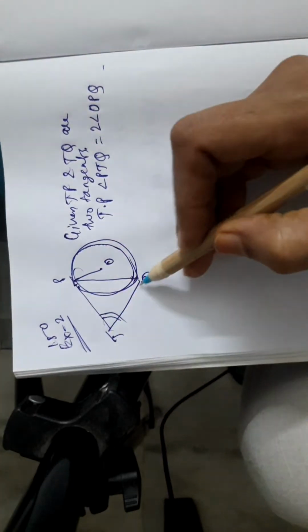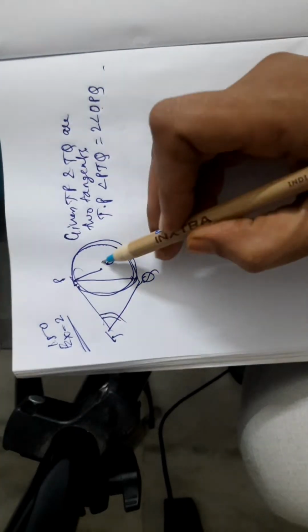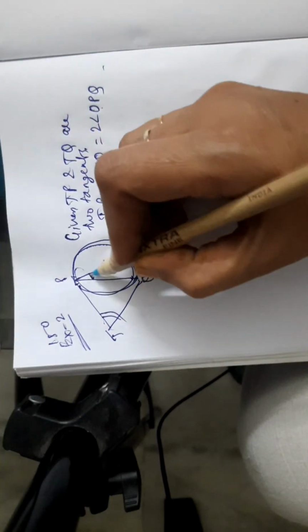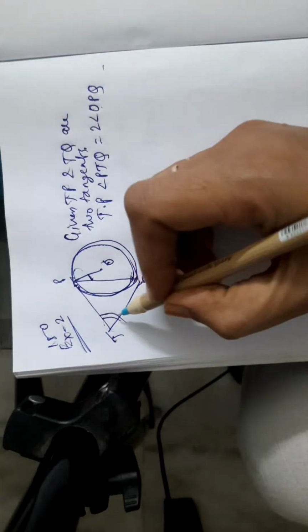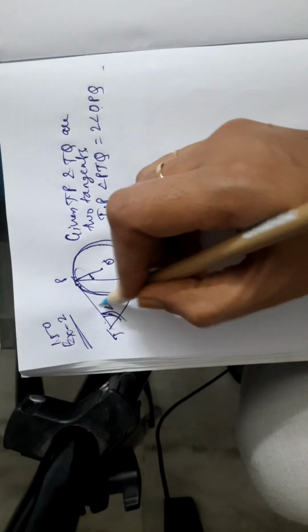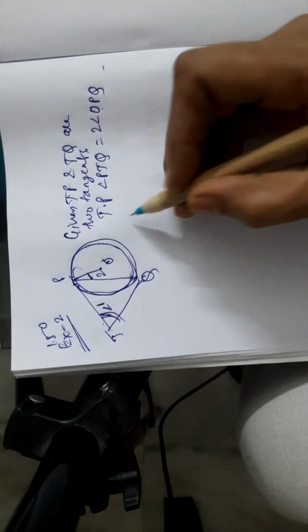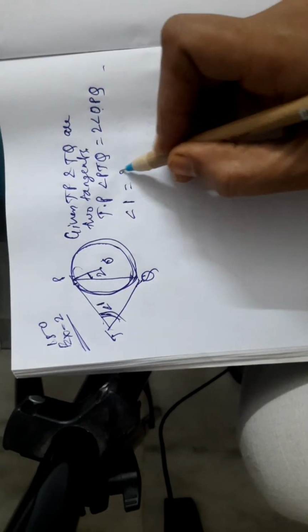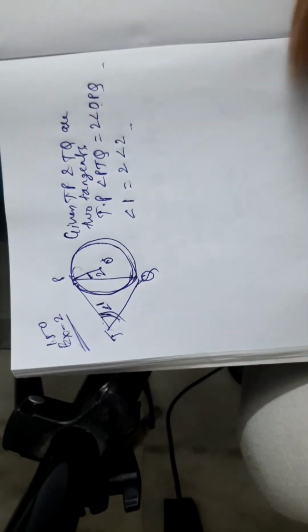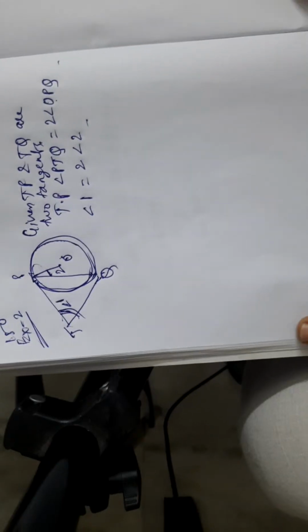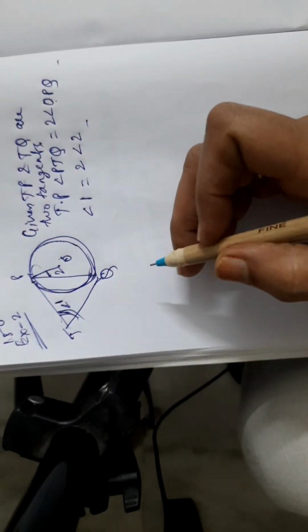If I consider the first angle to be angle 1 and this to be angle 2, in short we need to prove angle 1 is equal to twice angle 2. So this we need to prove. Let's start with the solution.